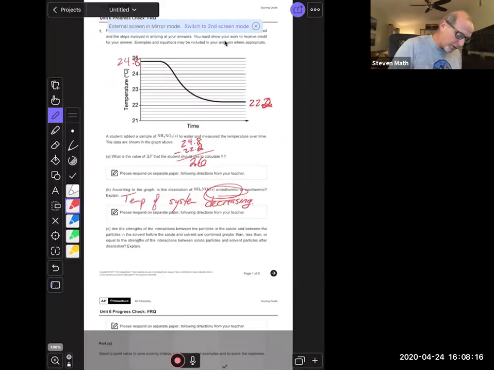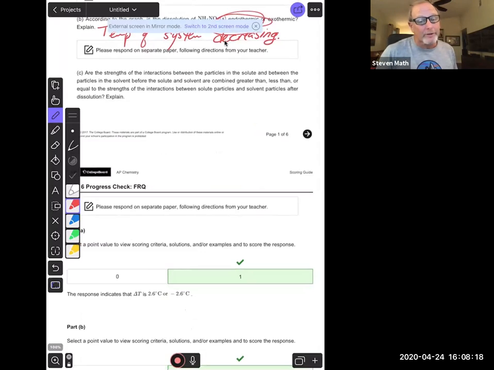Now, C is where the rubber meets the road. Now it starts to get a little bit hard. Are the strengths of the interaction between the solute and the solvent greater than, less than, or equal to the strengths?